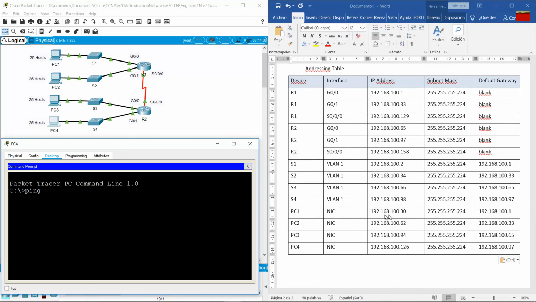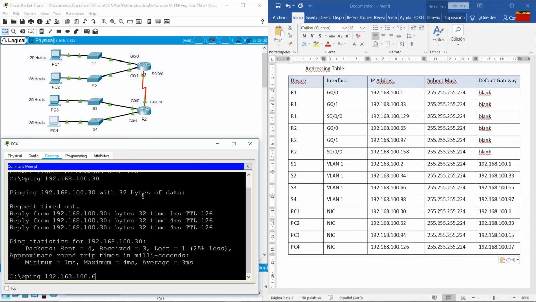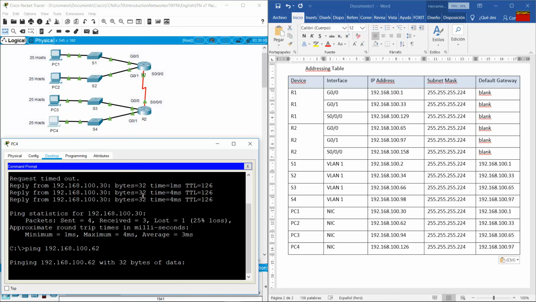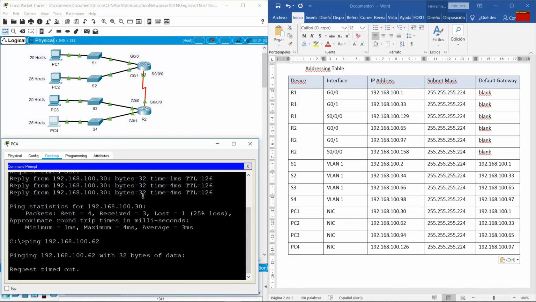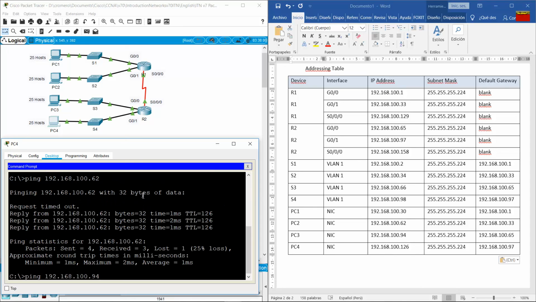Ping PC1, 192.168.100.30. Success. PC2, 62. Very good. PC3, 94.